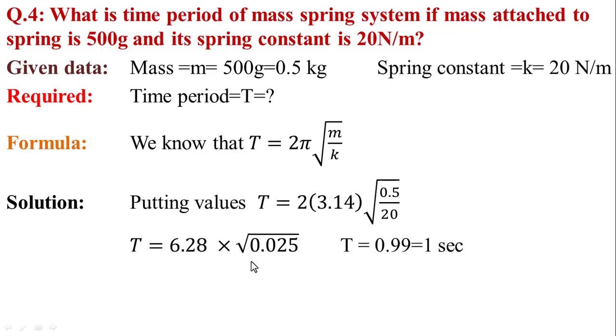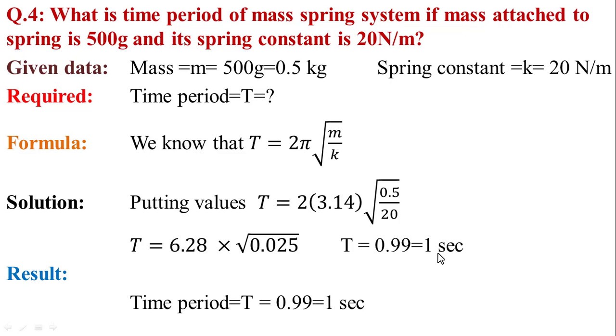Taking the square root of 0.025 and multiplying by 6.28, T is equal to 0.99, which is equal to 1 second. So the result is that time period T is equal to 0.99 second or 1 second.